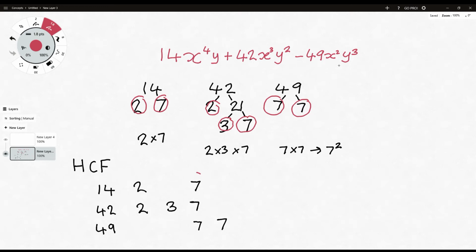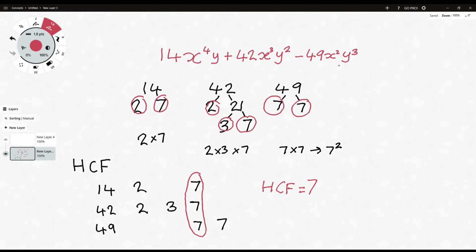We group those together like that, and this gives us our HCF. So our HCF is 7, because 7 is common to 14, 42 and 49.